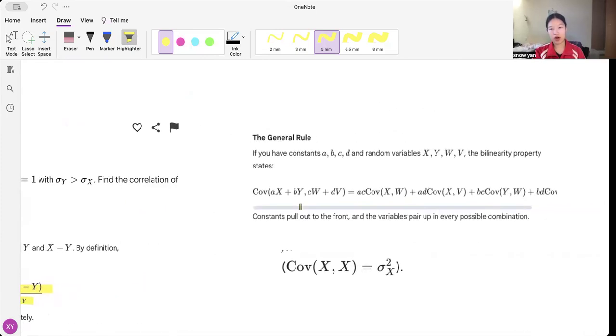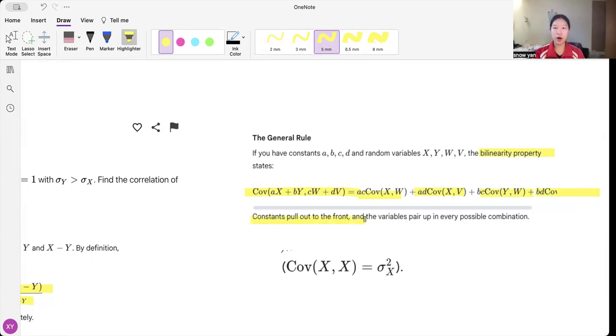So I'll walk through some of the rules I learned today. Covariance, if you have a form like aX plus bY, cW plus dV, there's this bilinearity property where you put each one together: ac covariance XW, ad covariance XV, bc covariance YW, and bd covariance YV.